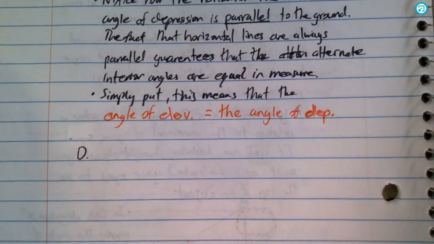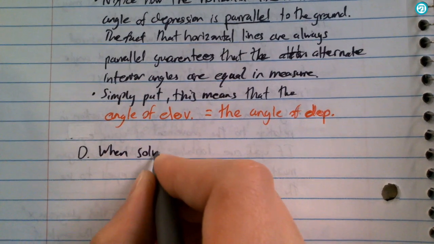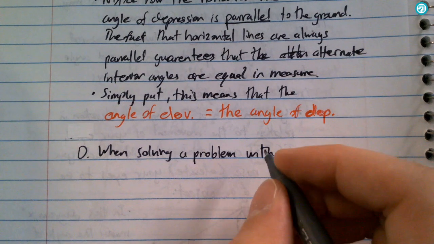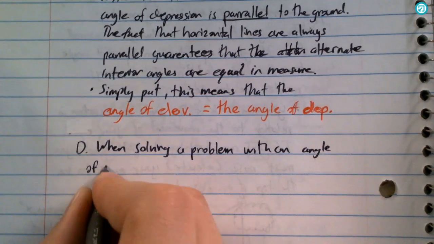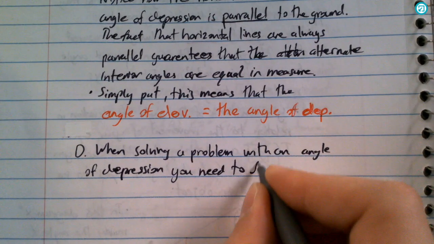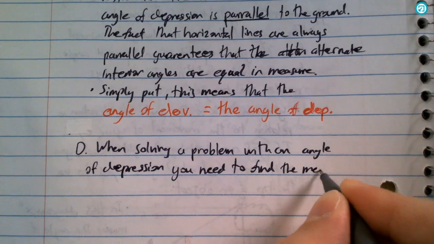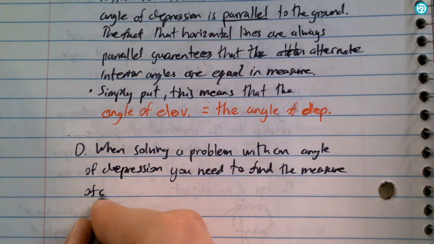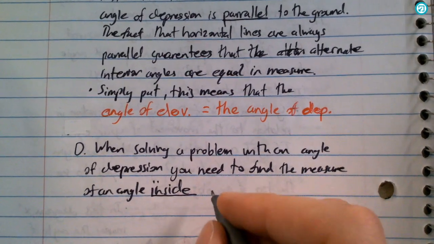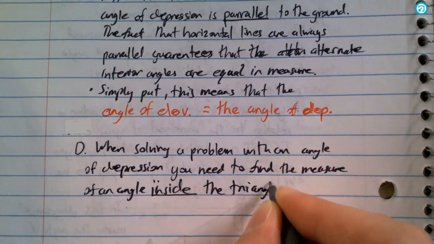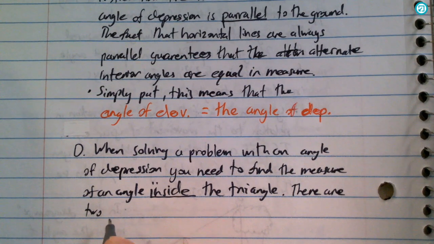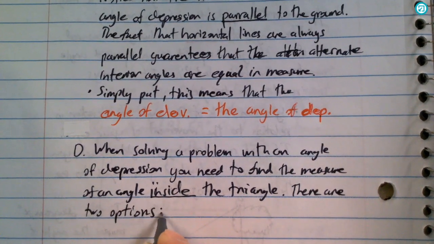So D, when solving a problem with an angle of depression, you need to find the measure of an angle inside the triangle. There are two options in doing this.